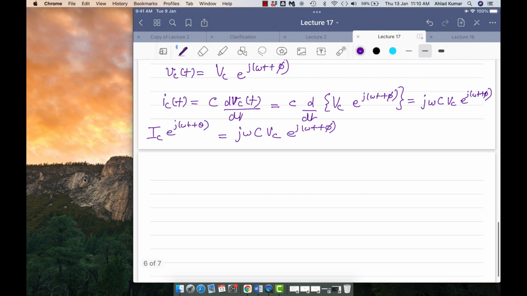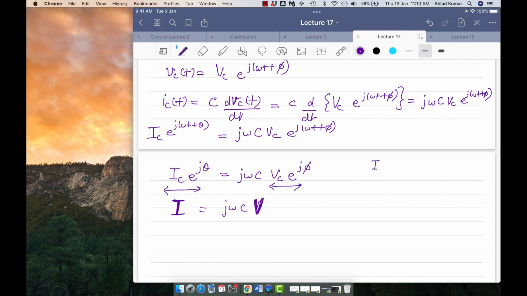From both sides, the exponential e^{j omega t} will cancel out. So what is left is e^{j theta} I_C equals j omega C V_C e^{j phi}. So from here, you already know that this is capital I, the bold one, and this is bold V, this expression.